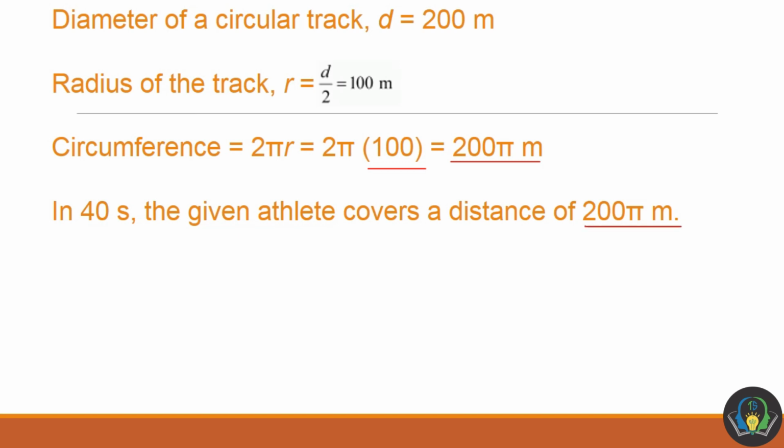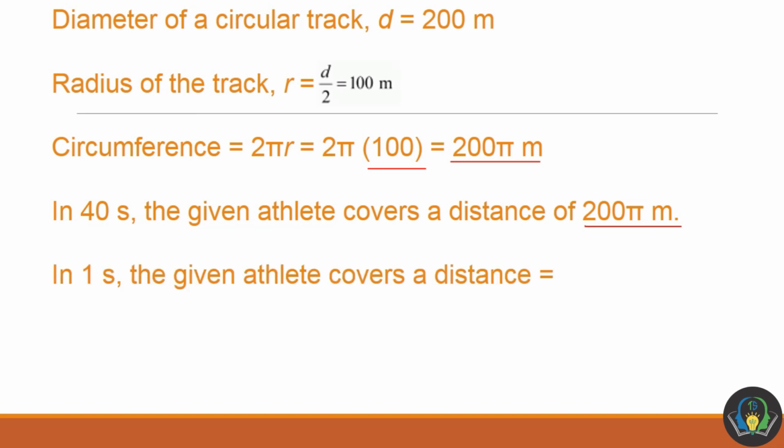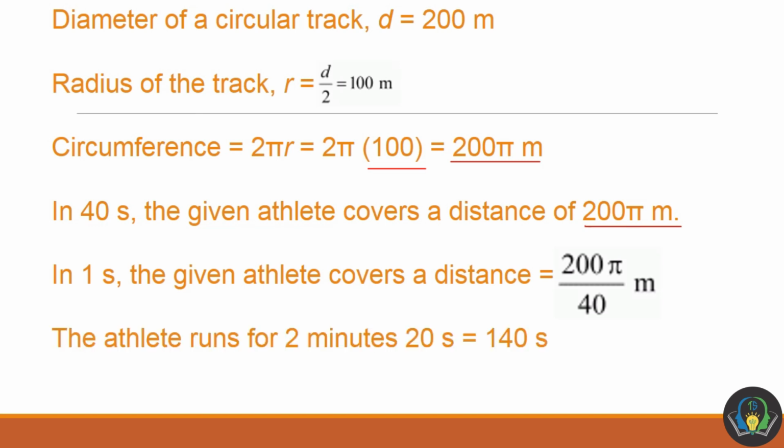That's what we just discovered. So in 1 second, the athlete covers a distance of 200 pi upon 40. And the athlete runs for 2 minutes 20 seconds. When we convert it, it will be 140 seconds.